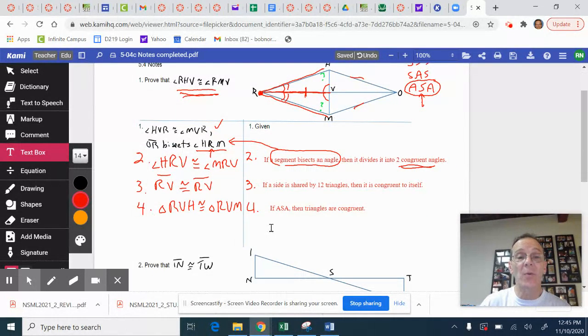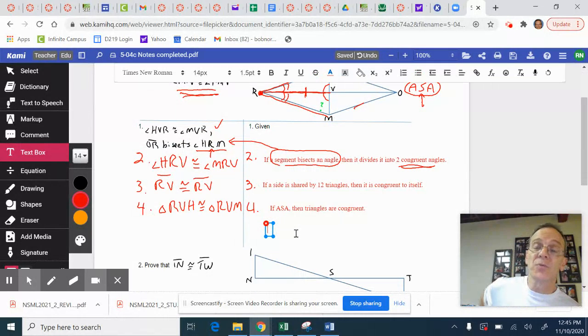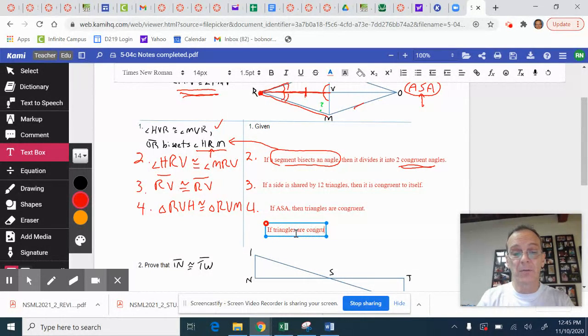And so now we're going to go back and use a reason that we haven't used much in the last couple of lessons, but we used it several lessons ago and we used it a lot. And it is: if triangles are congruent, then their corresponding parts are congruent.